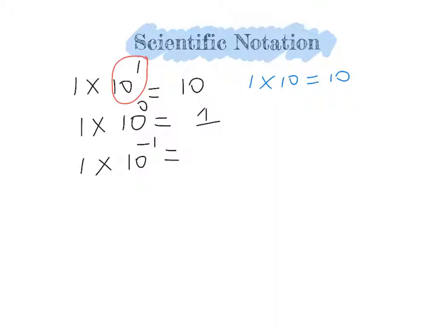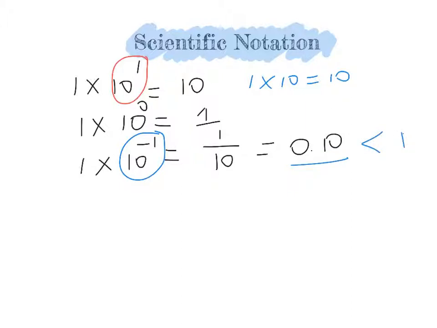So how we could express this is, 10 to the negative 1. So we could write that as 1 over 10, which equals 0.1. So now here we are less than 1. So we're becoming smaller.